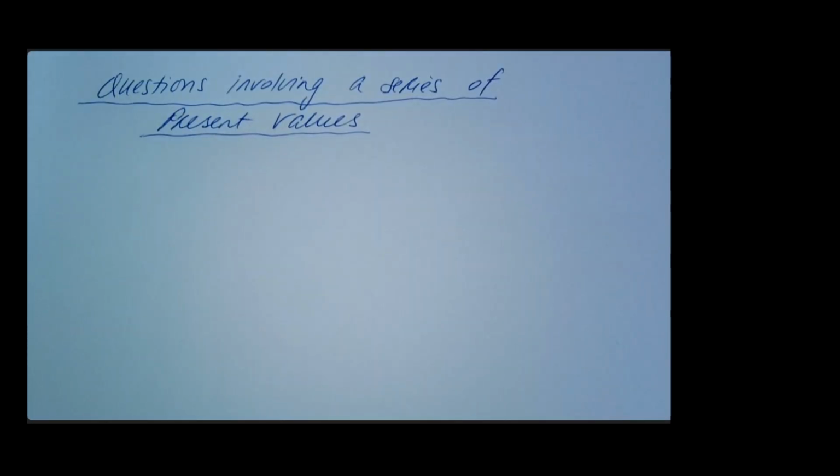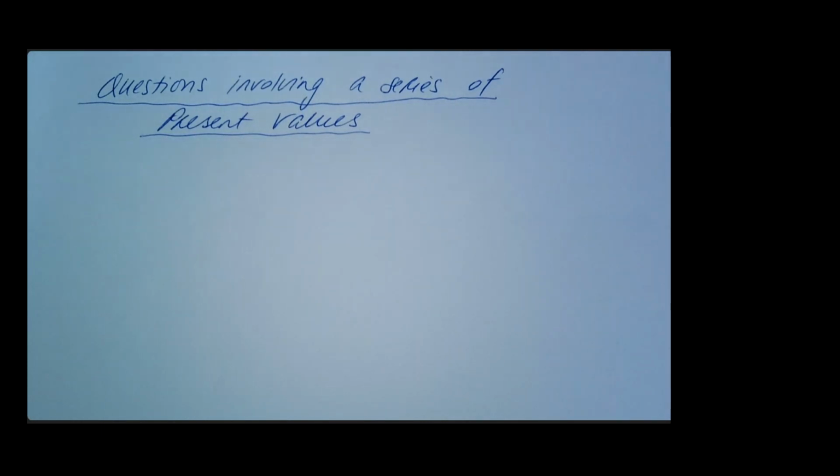Okay, so now we're going to look at questions involving a series of present values and what they look like. So present value questions are not about money that you're going to get in the future. It's more about money that you're getting now and having to maybe pay back in the future.